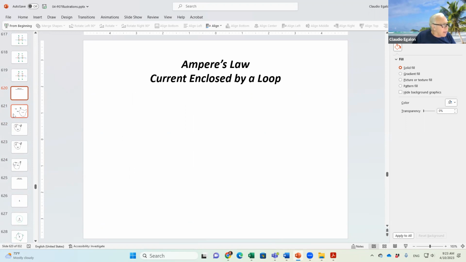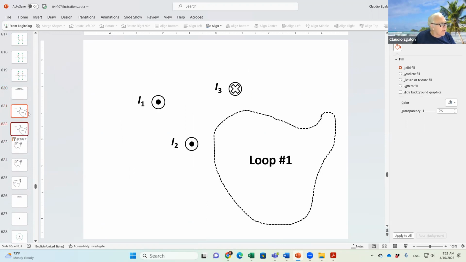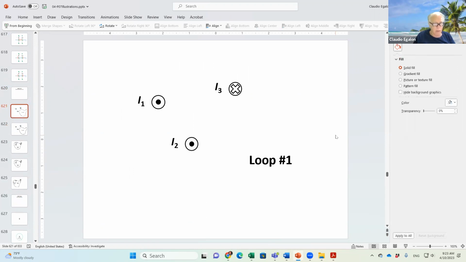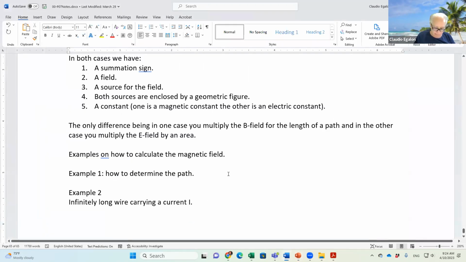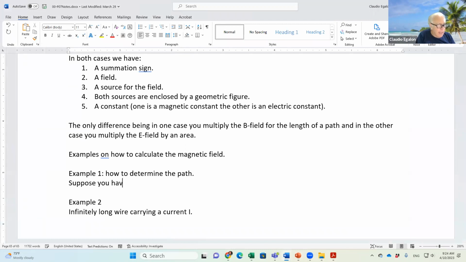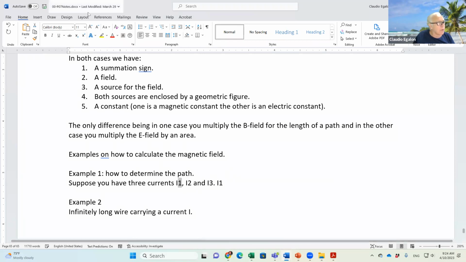Suppose that we have 3 currents flowing: I1, I2, and I3.